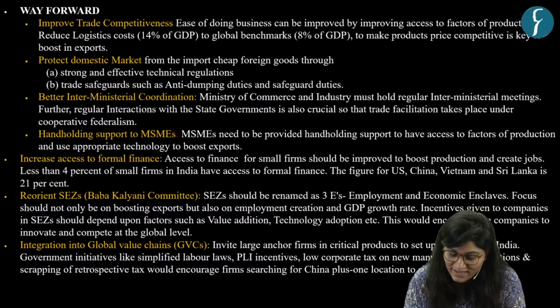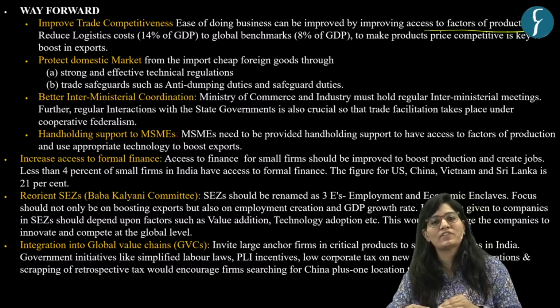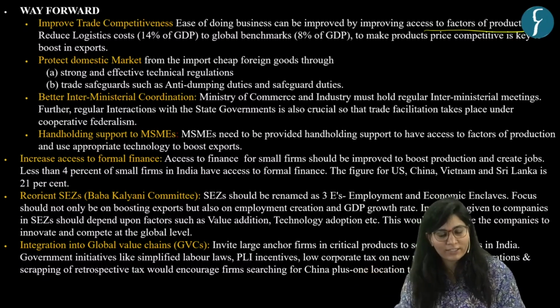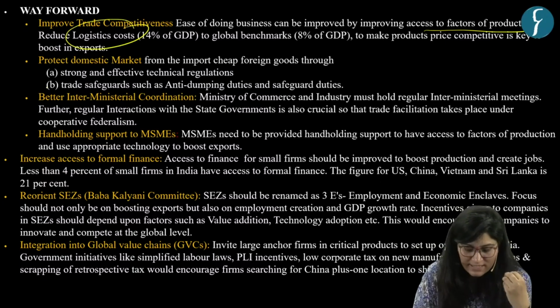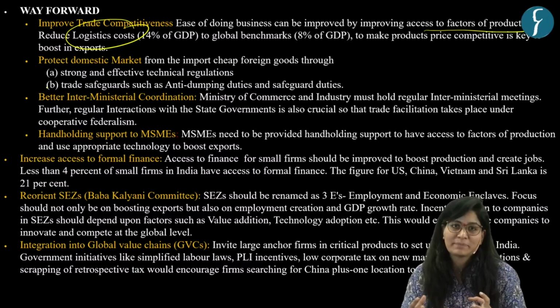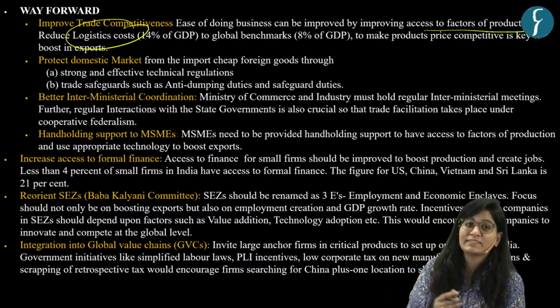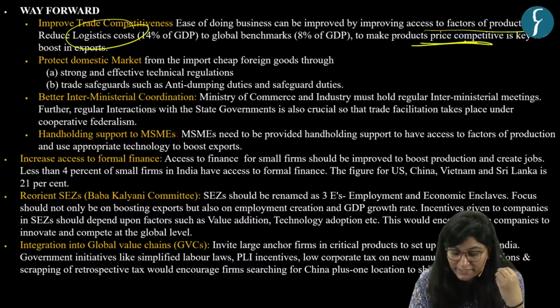By improving access to factors of production, by resolving bottlenecks with respect to land, labor, capital. Got it? It will reduce our logistics cost. As I told you, it is 14% of GDP, and if you compare with developed nations, they have 8 to 10 percent. So India needs to work on it to make its products price competitive.